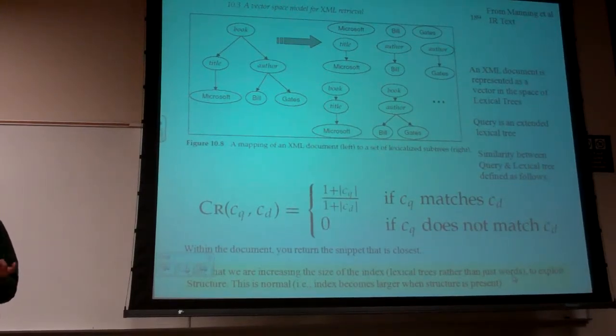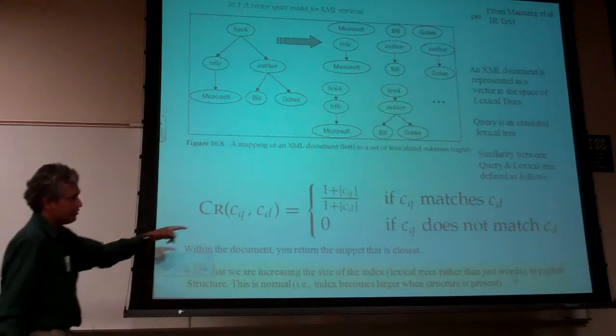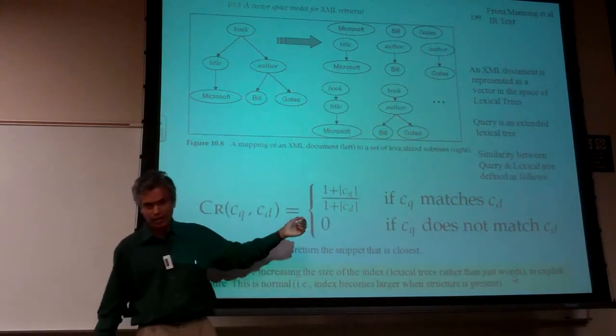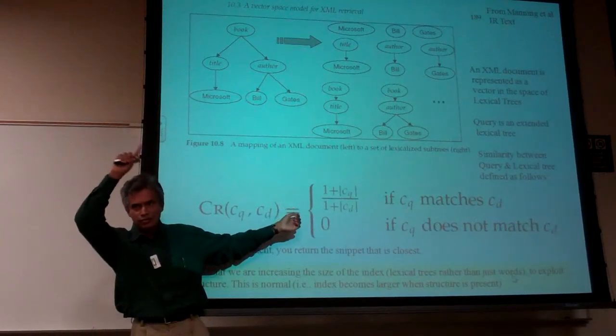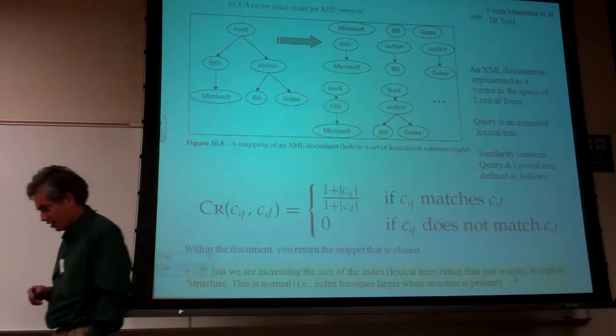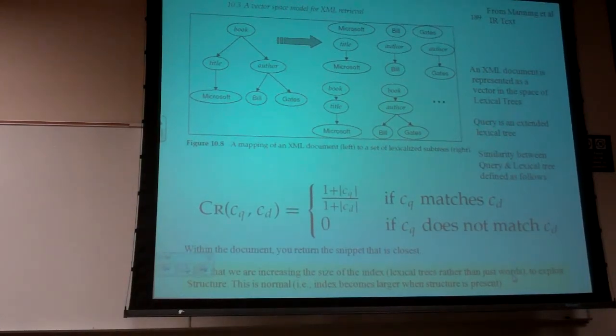But in the background, you need a bigger inverted index and a more sophisticated similarity measurement. This stuff is directly taken from the textbook on IR that I have a link to, so you can read more if you want. I'm not going to go into more detail.